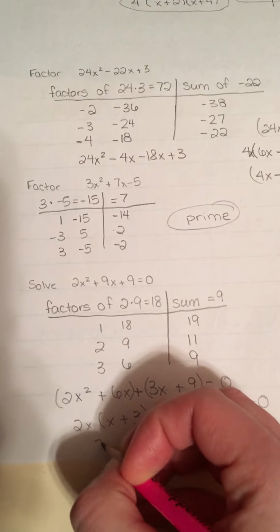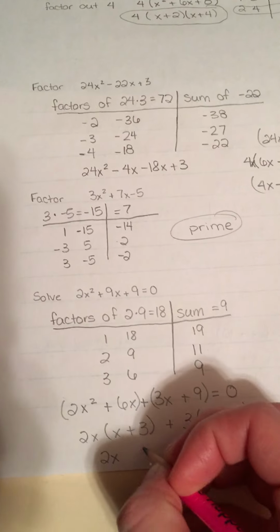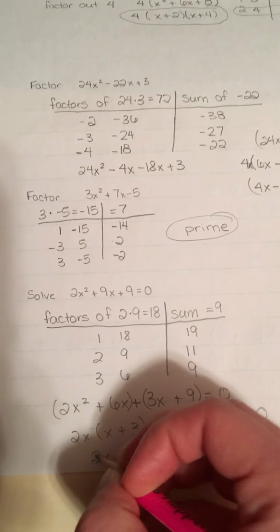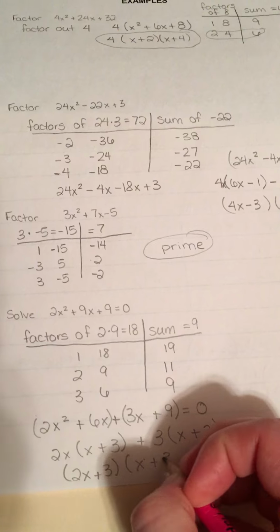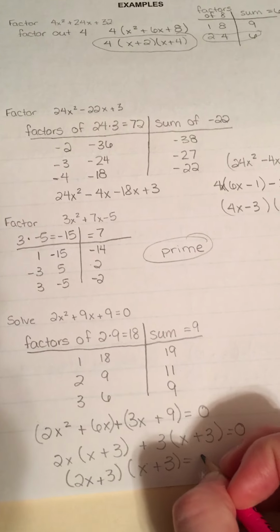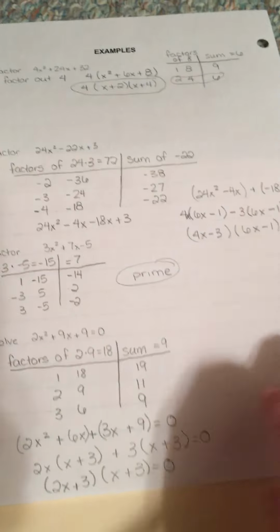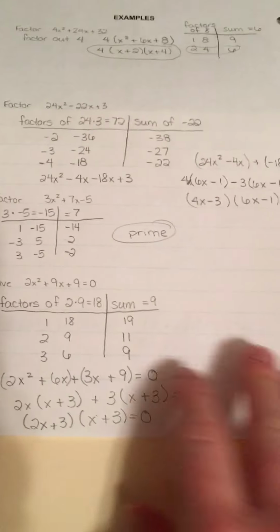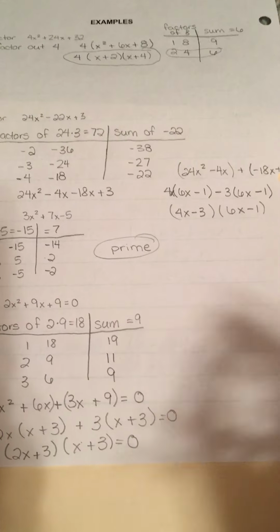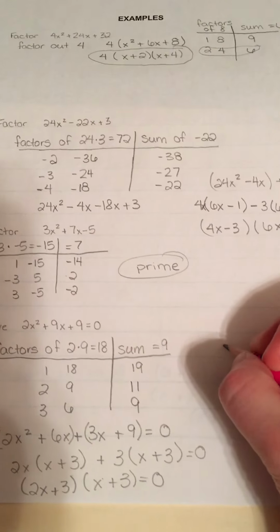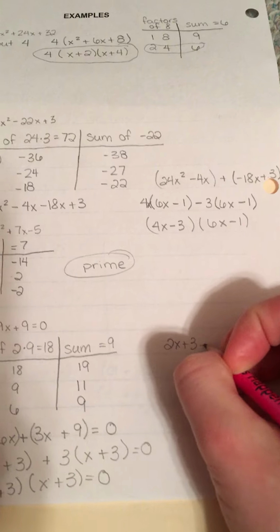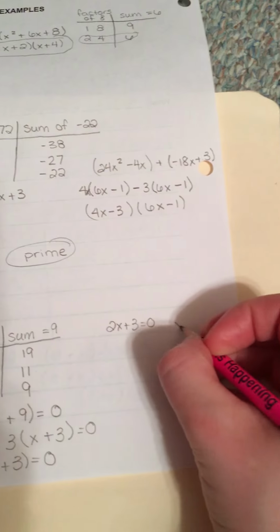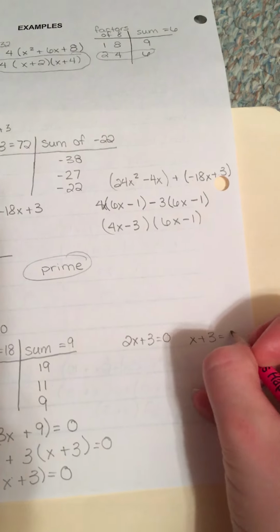So my pairs are 2x plus 3 and x plus 3 equals 0. And we use the same method as last time to solve these. So I have 2x plus 3 equals 0 and x plus 3 equals 0.